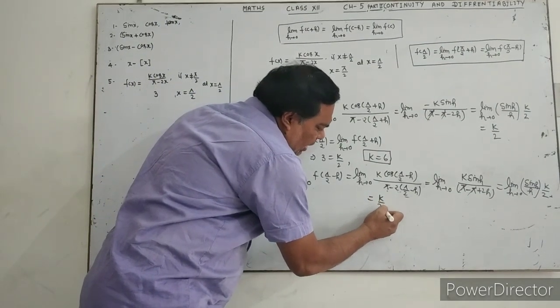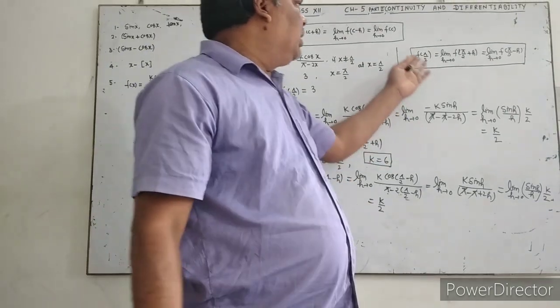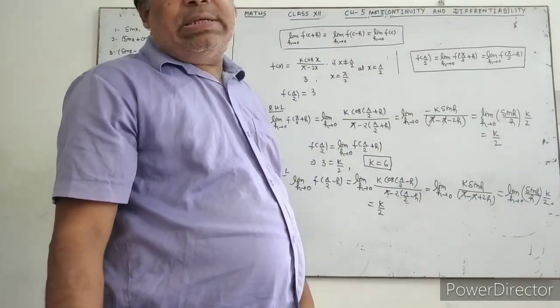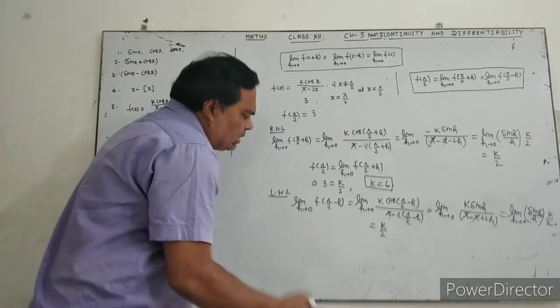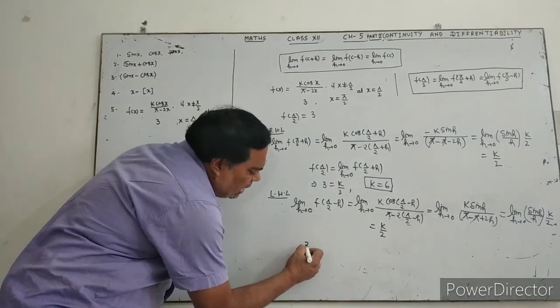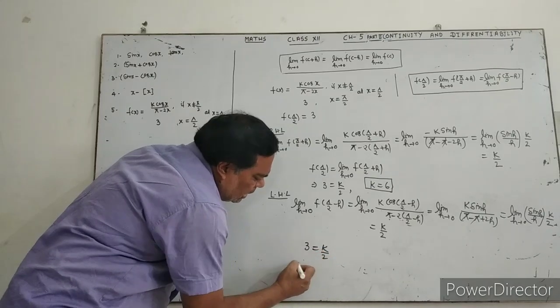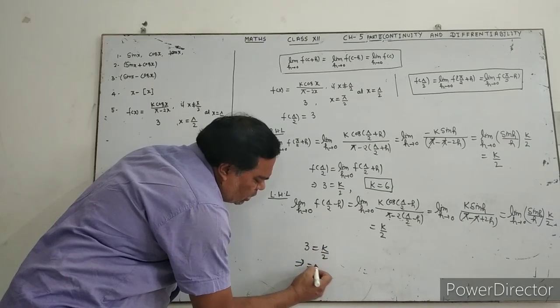But k by 2 equals 3, and π/2 is also equal to π/2 minus h. Then this implies 3 equals k by 2, so k also equals 6.